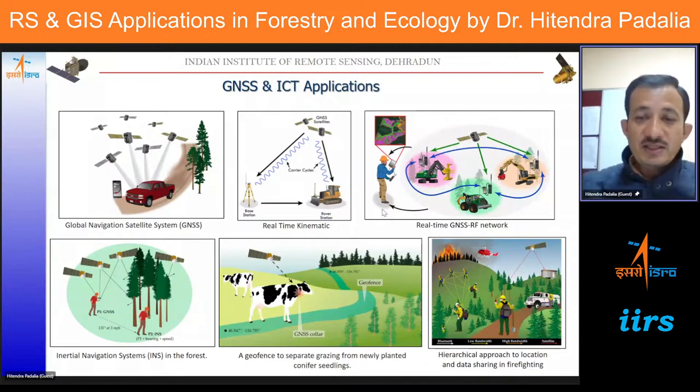And then there are other applications like geofencing, and applications used during emergency times, such as forest fire, where there is a possibility of using multiple observation systems and facilities for tackling the fire. So GNSS, ICT and remote sensing can all be integrated nowadays.